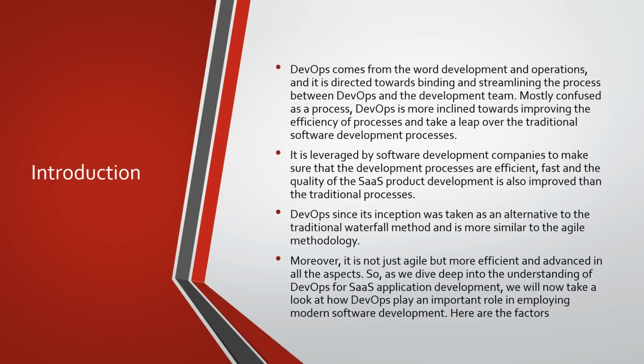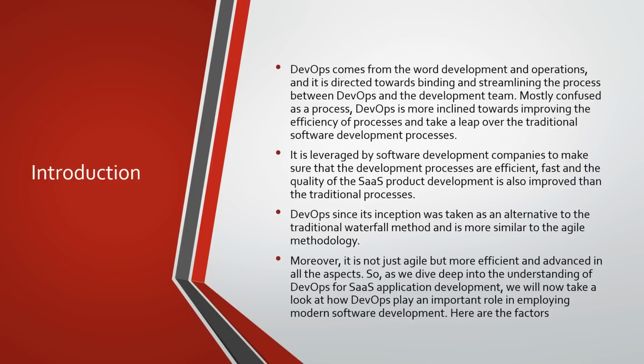DevOps comes from the words development and operations, and it is directed towards streamlining the processes between operations and the development team. It is mostly confused as a process. Why? Because DevOps is most inclined toward improving the efficiency of the processes and taking a leap over the traditional software development processes.